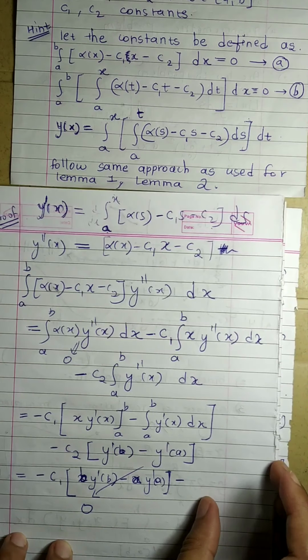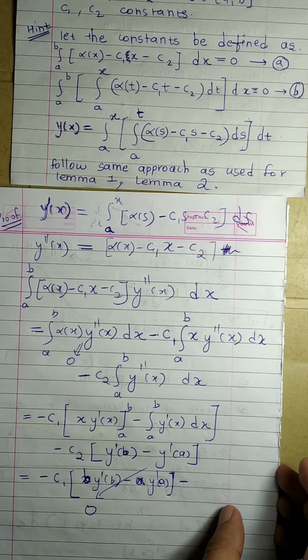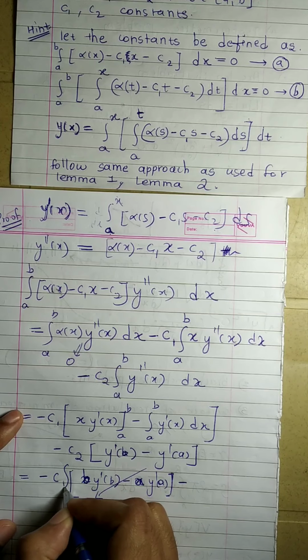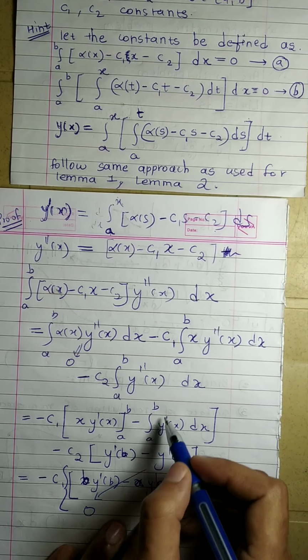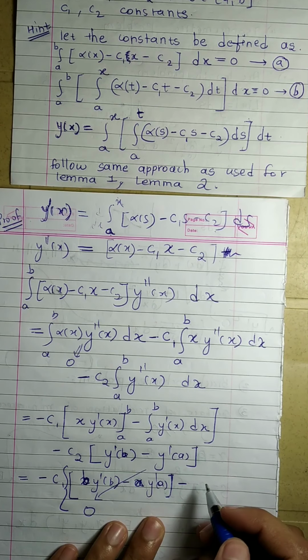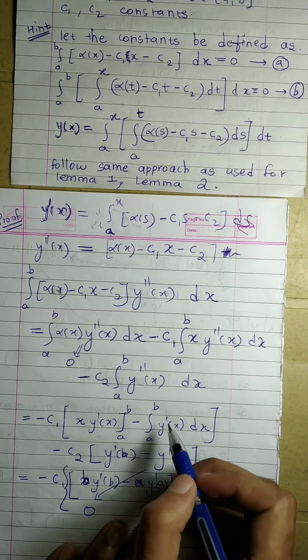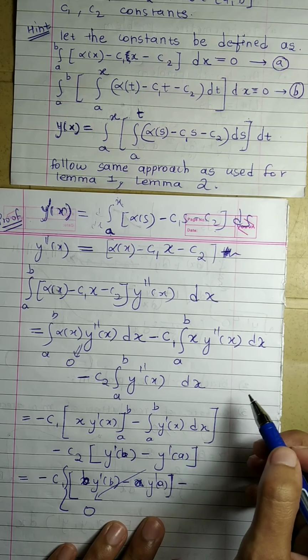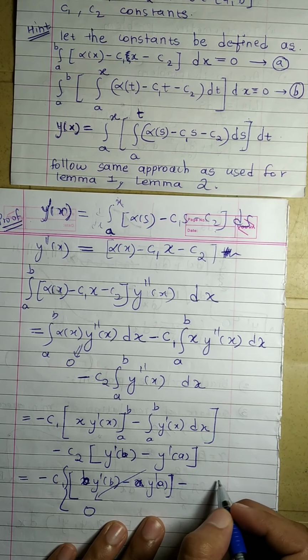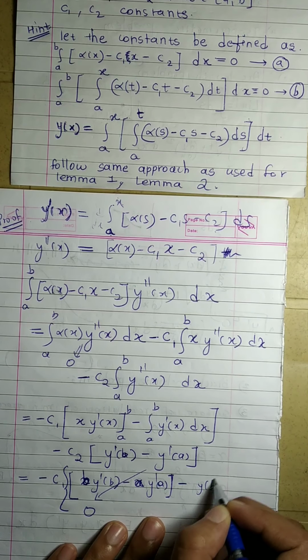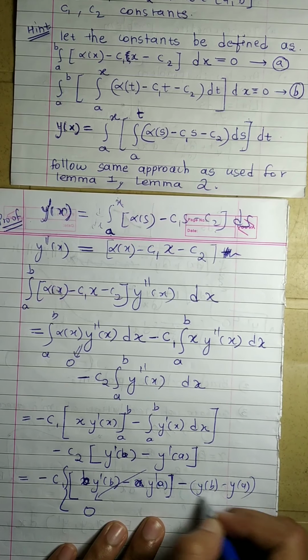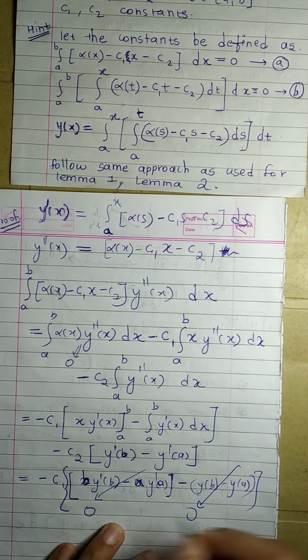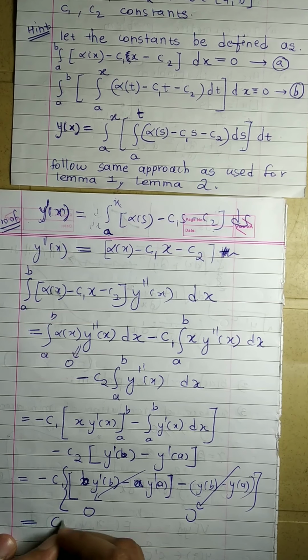Minus, it's inside this, right? So this will be y at b minus y at a, so that is also going to 0, and hence it is equal to 0.